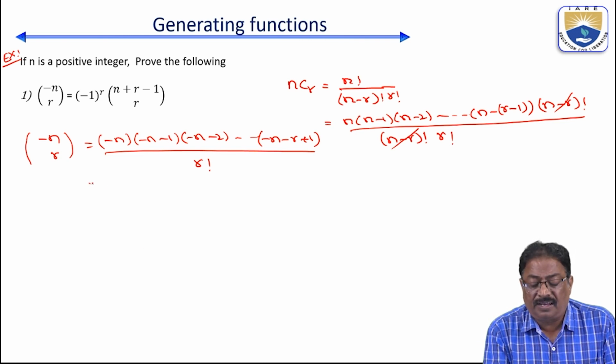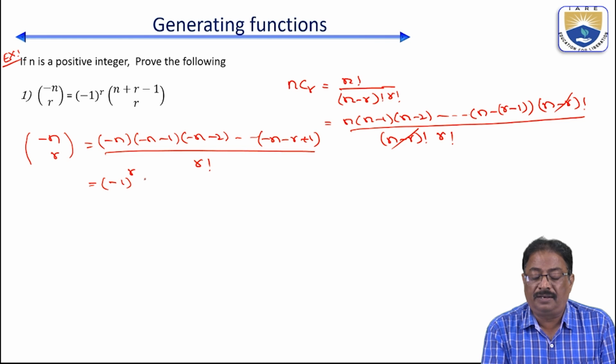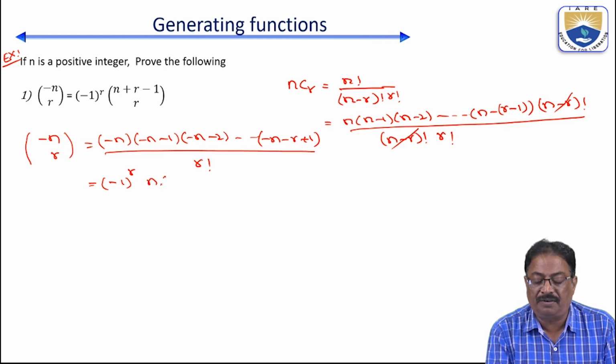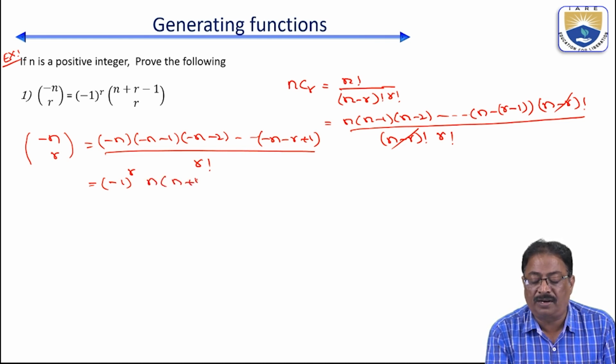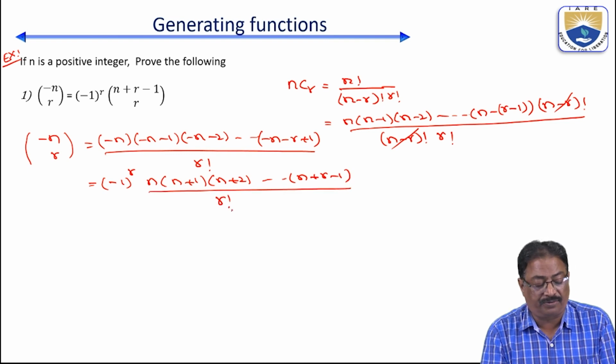Now there will be r terms, and I took minus as common, so it will become minus 1 to the power of r. Then if I am taking minus as common, it will become n, n plus 1, n plus 2, and so on. This will become n plus r minus 1 by r factorial.